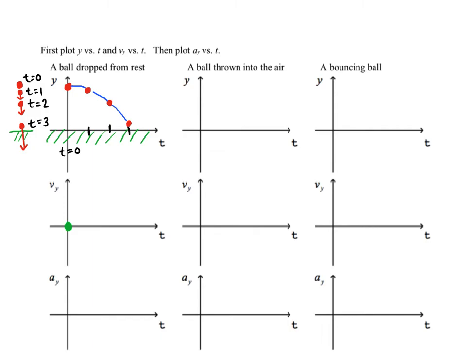It starts going faster and faster in the negative direction. We want that direction to be represented by the velocity graph. So since our ball falls down rather than up, we're going to want our velocity to go down as time goes on. And it'll go down in a linear fashion.